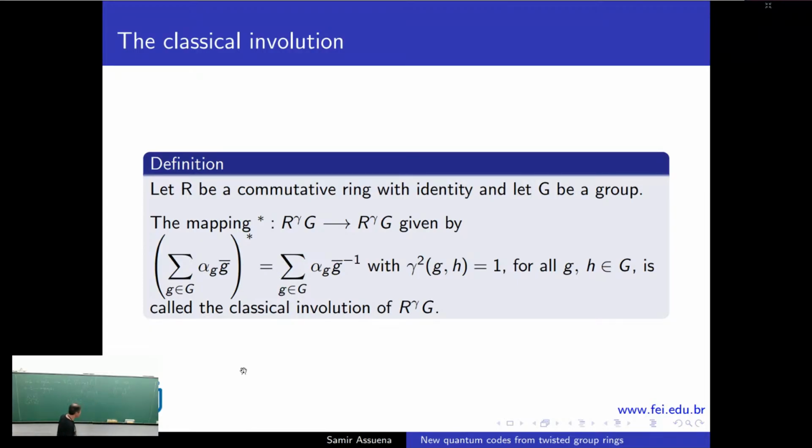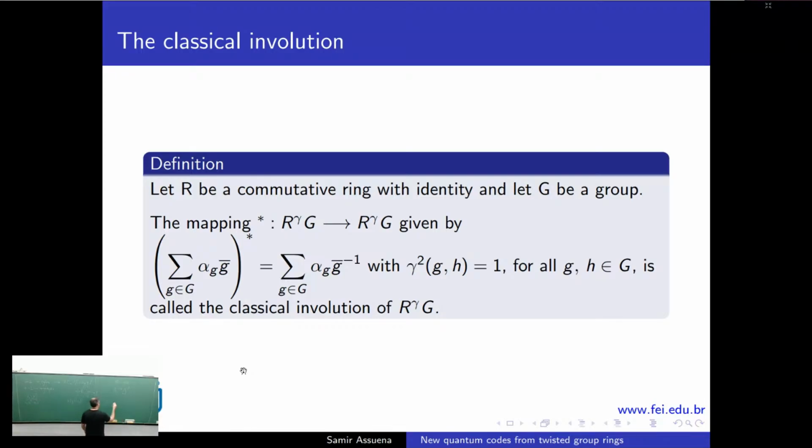But here, when we are looking at the twisted group ring, this mapping is not always an involution. We have to put an extra condition on the twisting. The condition is exactly this one: gamma squared has to be 1 for any elements G and H.